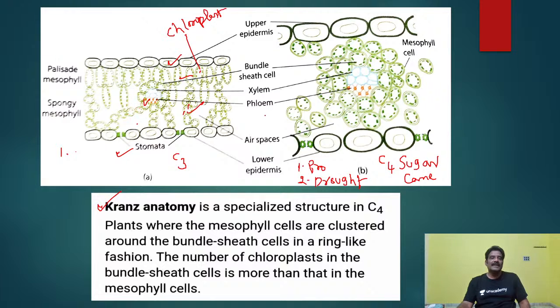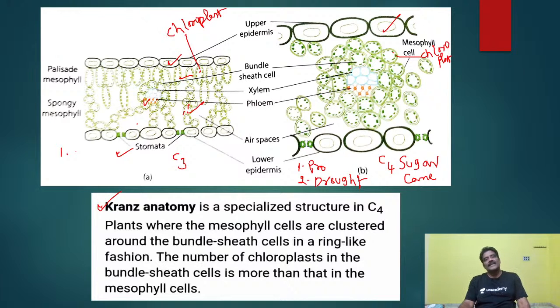Just like the C3 plant, in the C4 plant also there will be epidermis, and just below that, palisade tissue made up of mesophyll cells is present. These dotted structures are chloroplasts. Here also, mesophyll cells contain chloroplasts, just like in the C3 leaf, no doubt. But what is another peculiarity here?